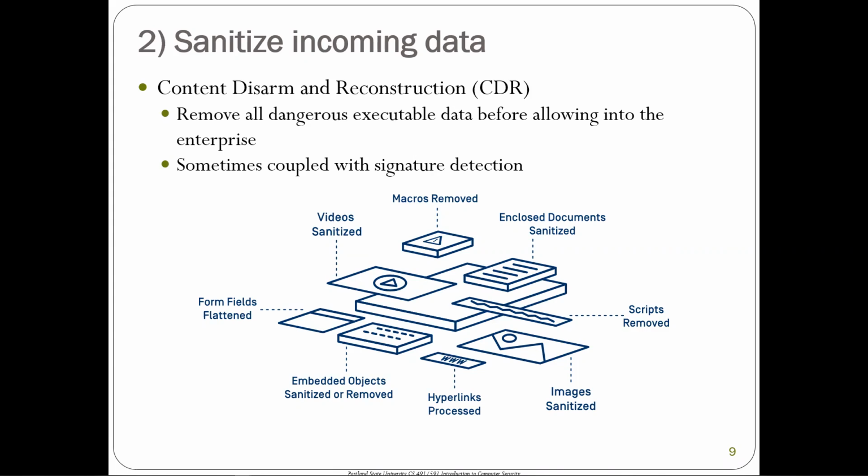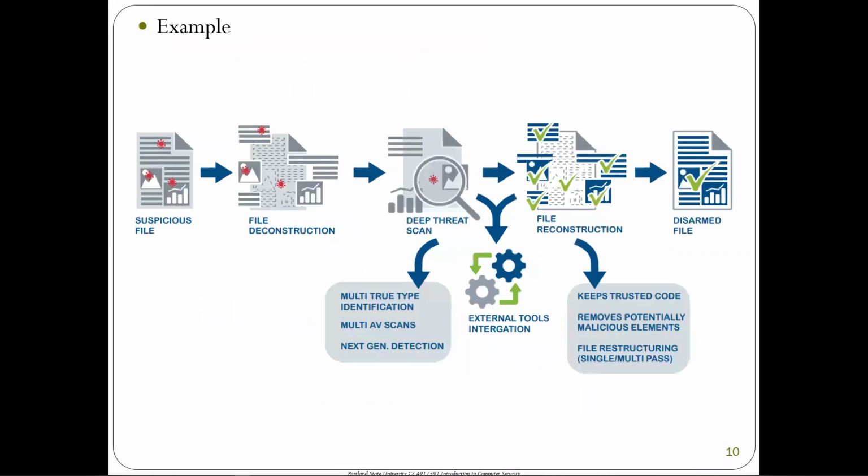So that's the idea. This is a picture of this. This is an architecture figure from one of the companies that does this thing. So you have an unknown file, you deconstruct it, you basically take all the individual components, and you could do signature detection on this stuff, but you're basically going to remove anything that looks suspicious, and then you're going to put it back together in an innocuous payload that you can then, for example, let the HR department double click on.